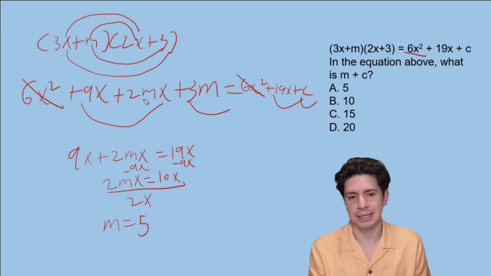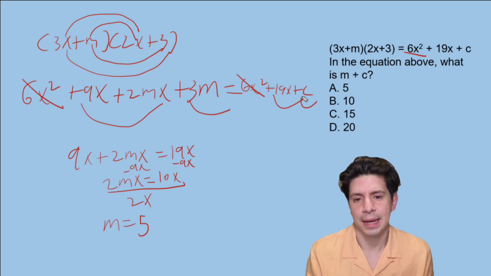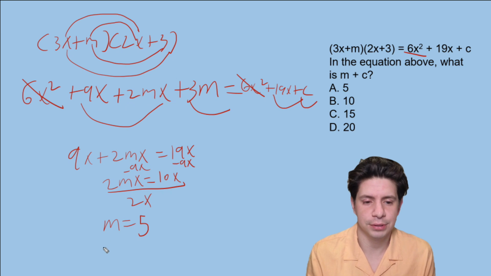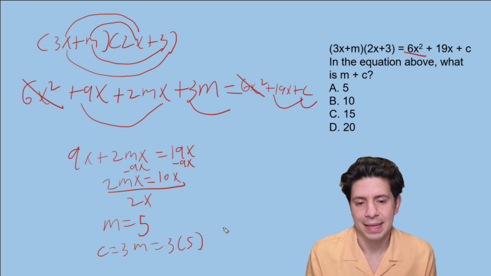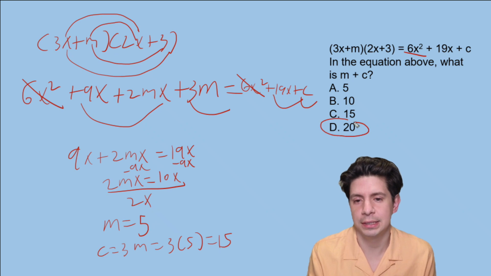If you plug that in, you get 10, and 10 + 9 is 19, so that works. And now c = 3m, so c = 3 times 5, which equals 15. So 5 + 15 is 20.